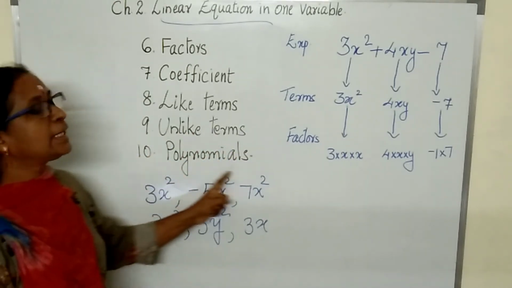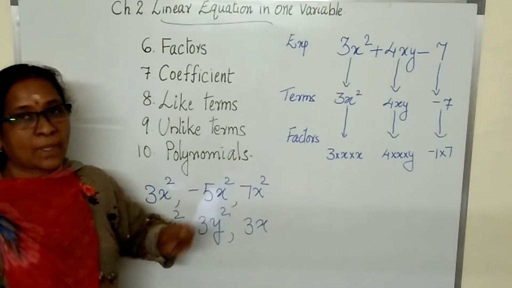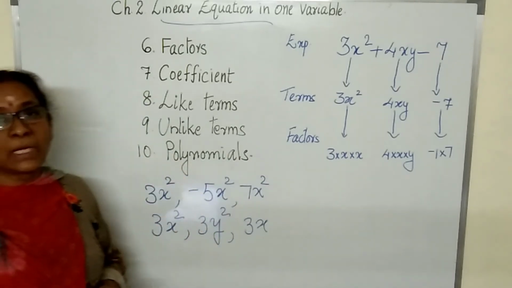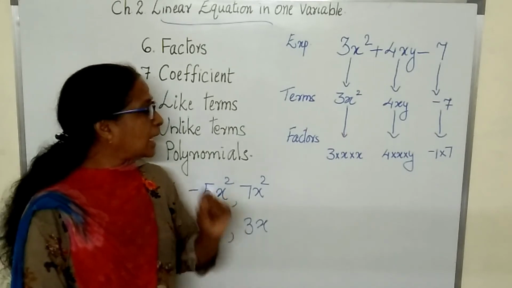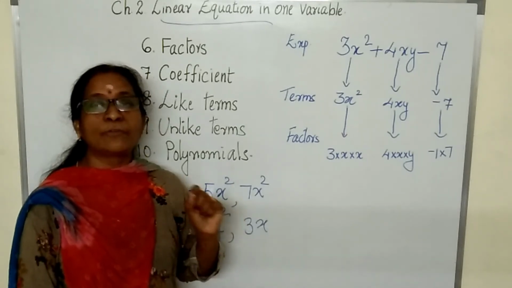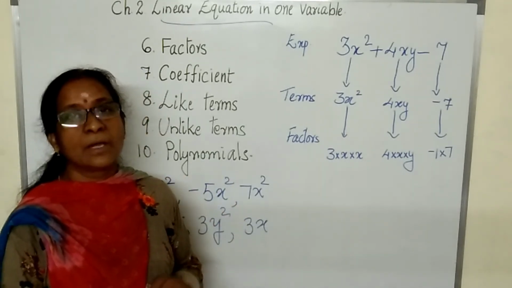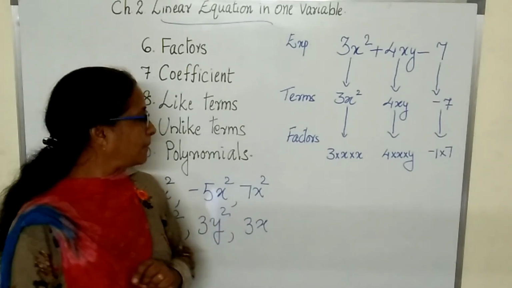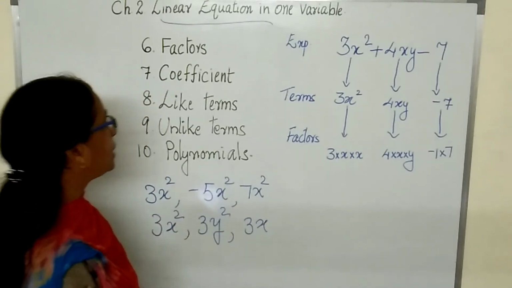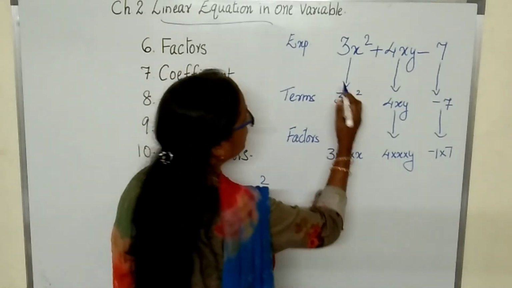Now, what are polynomials? Polynomials are expressions in which the power of the variable is positive integers. For example, if you combine all this, any expression you can write.